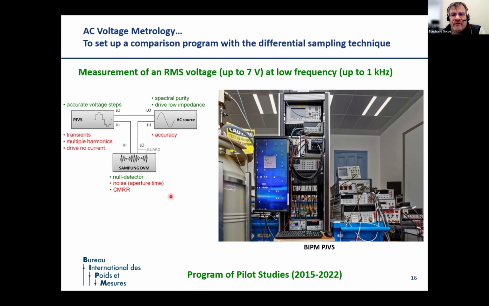So in the past years, we have been trying to push the limits of the measurement setup using this technique to measure different sources in order to extend the current BIPM on-site protocol to AC voltages.